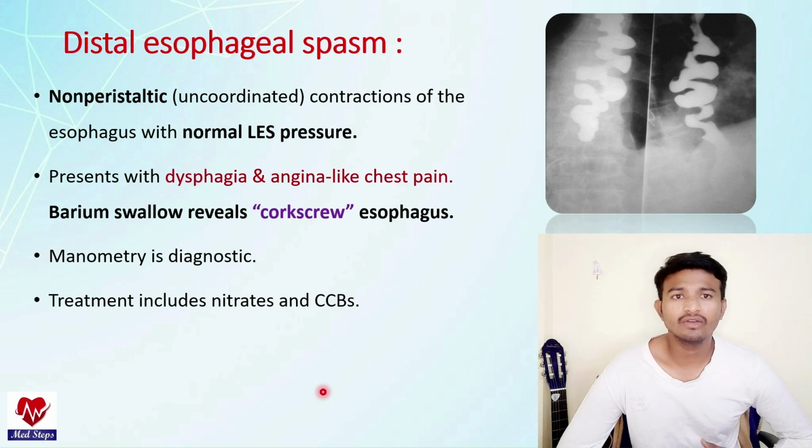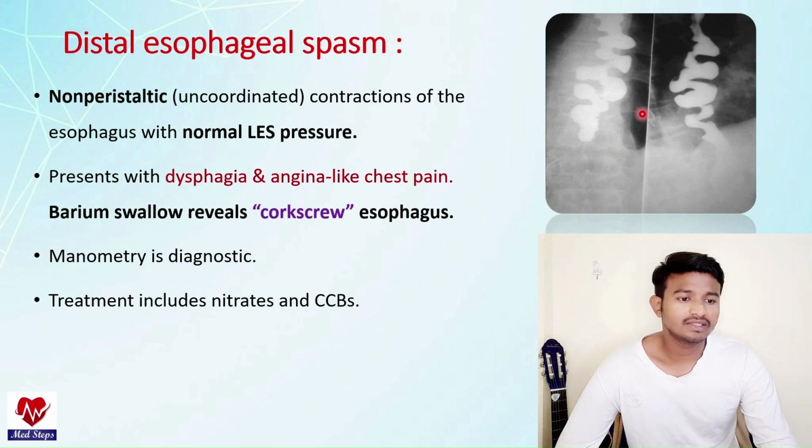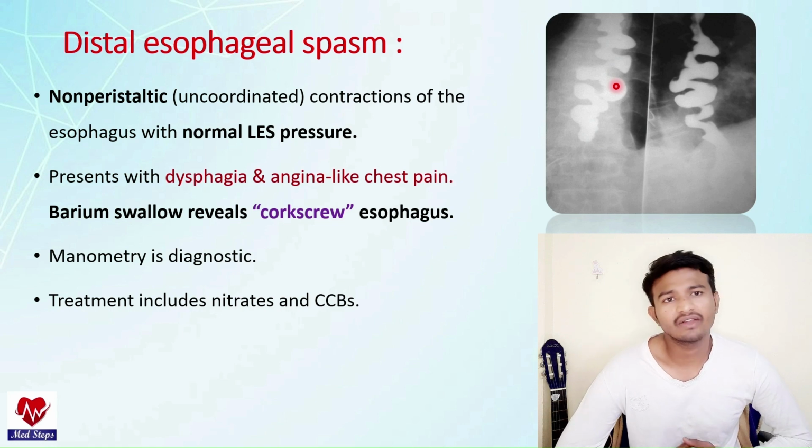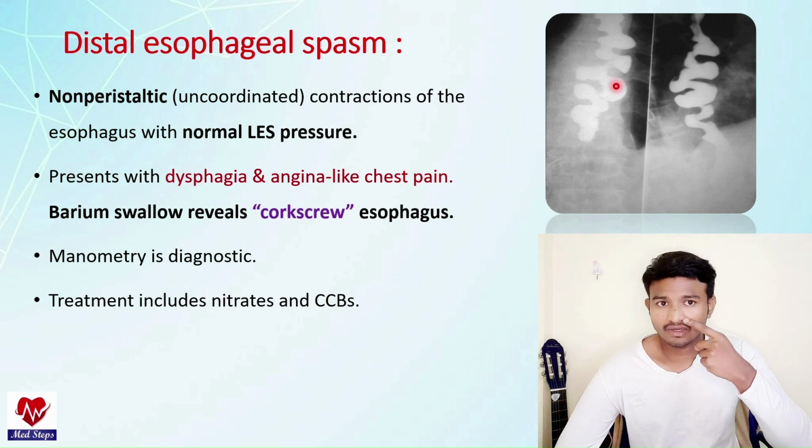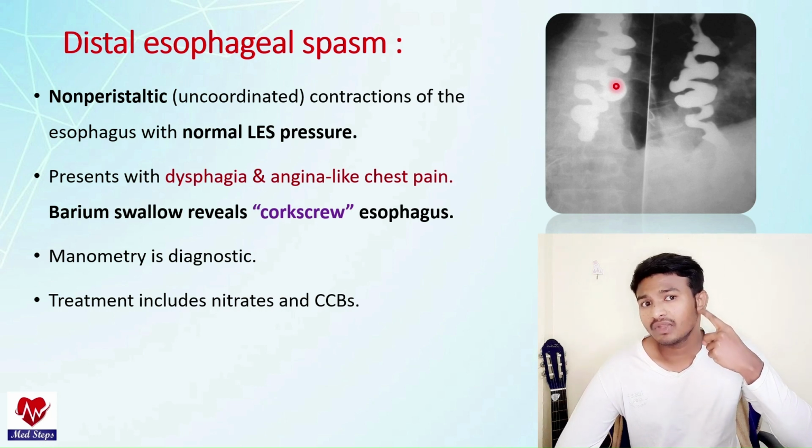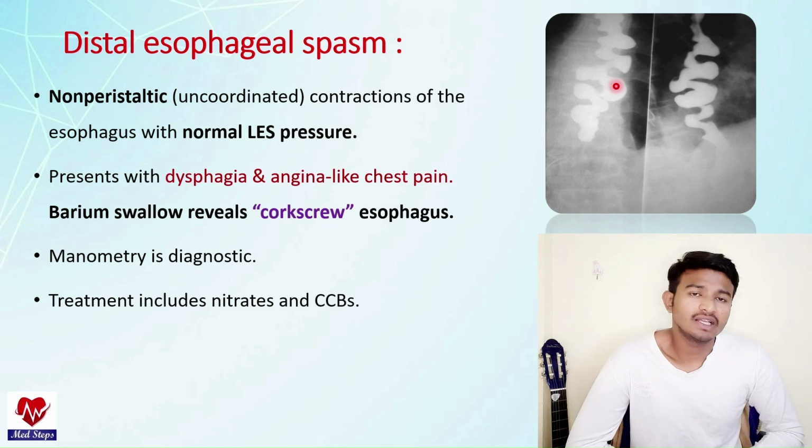For imaging, if you give barium to swallow, that patient's esophagus we can see like a corkscrew. If you see this image like corkscrew type, we can see it here. And for complete diagnosis, we can do manometry. Manometry means one catheter they insert through the nasal cavity into your esophagus.